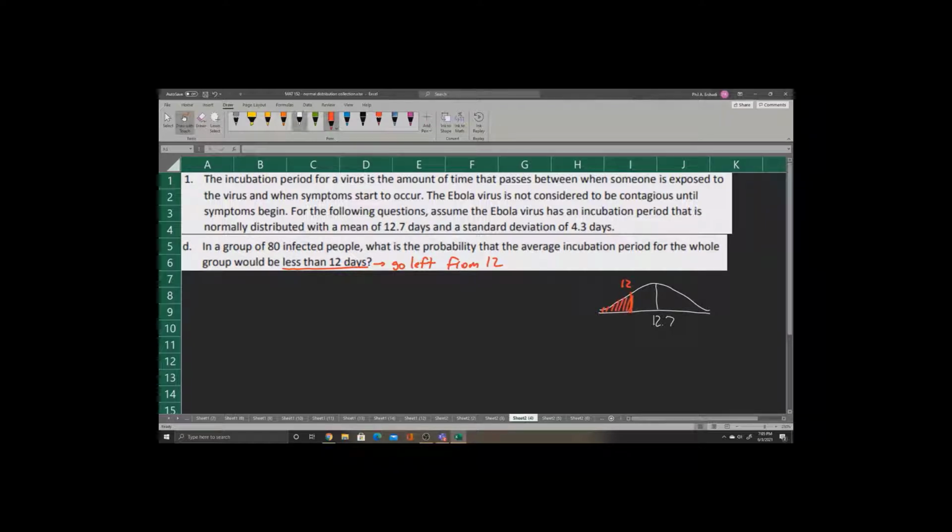Now, once again, we are being asked to find probability because the question says, what is the probability? So once again, we are going to use norm.dist. And we're also given that we're looking at a group of people and we're looking for the average incubation period for those people.